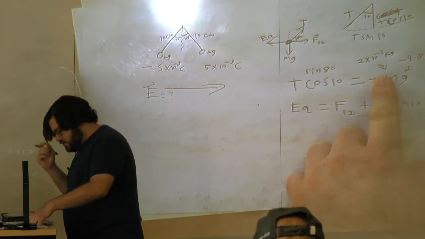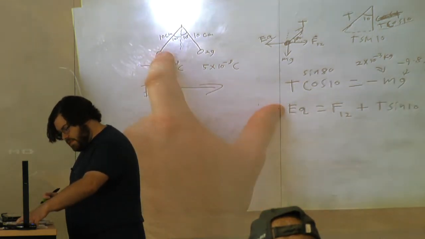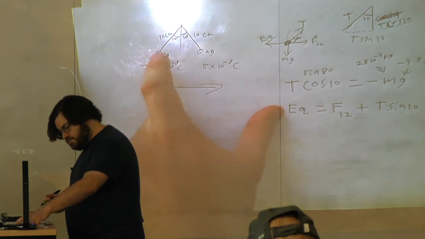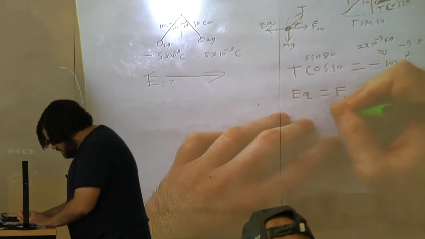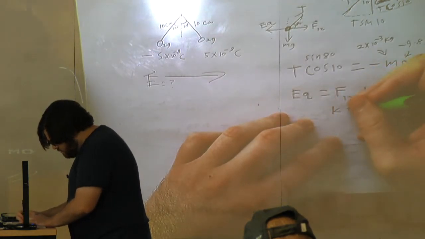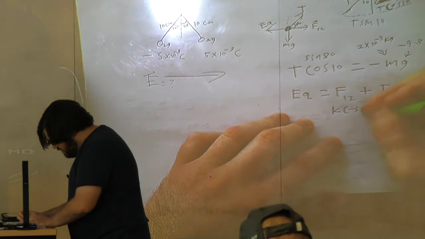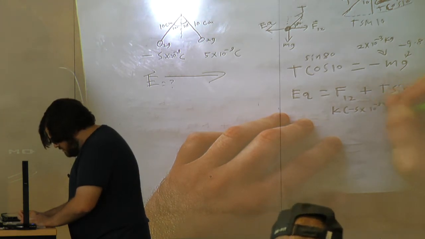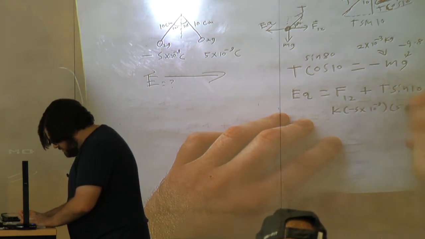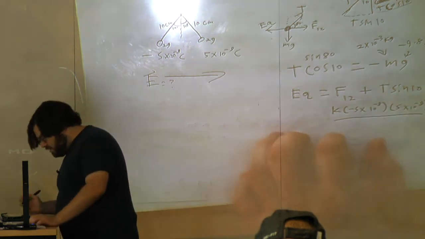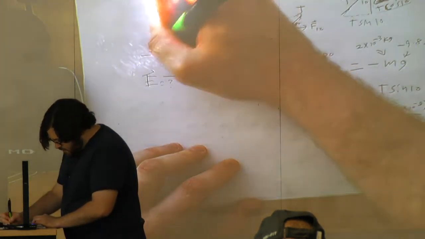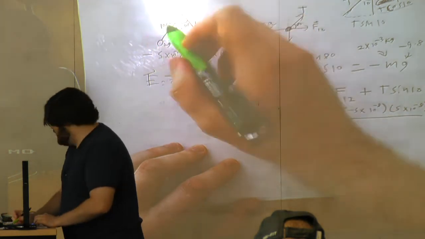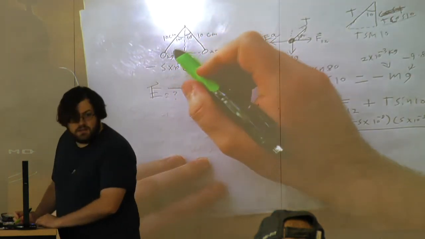I can also calculate, using Coulomb's law, the force between the two. So F of 1 2 is going to be K times negative 5 times 10 to the negative 8 times 5 times 10 to the negative 8. Okay. Now, do I know the distance? I don't know it, but I can find it, right? Because I know this length and I know the angle.